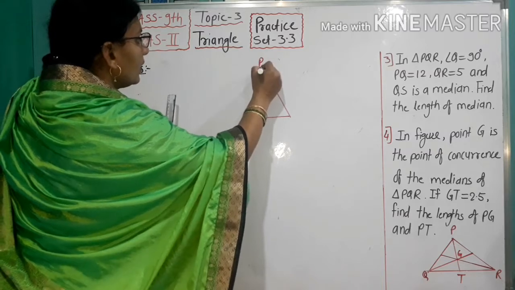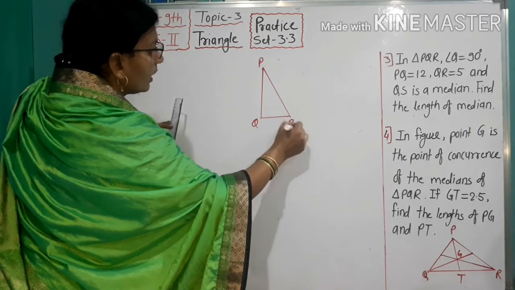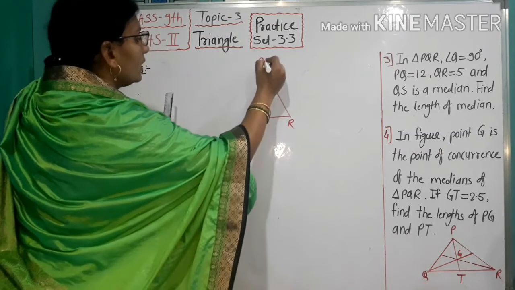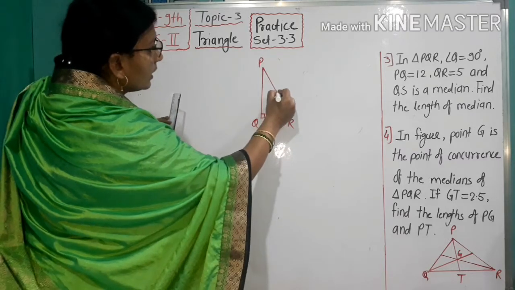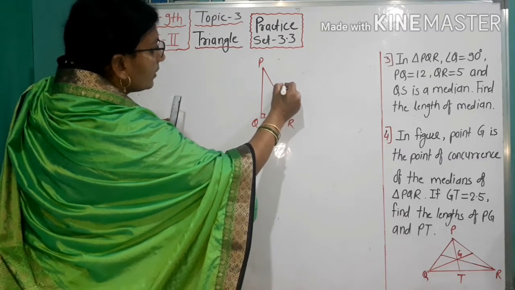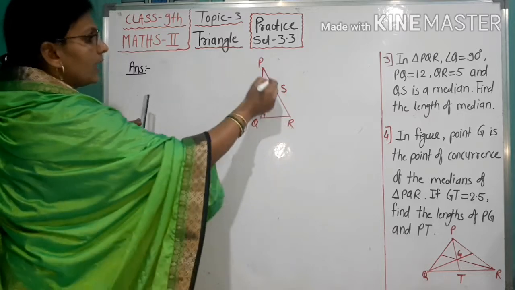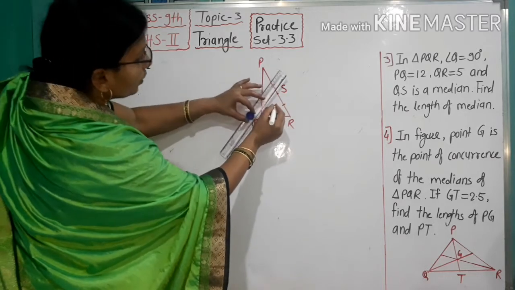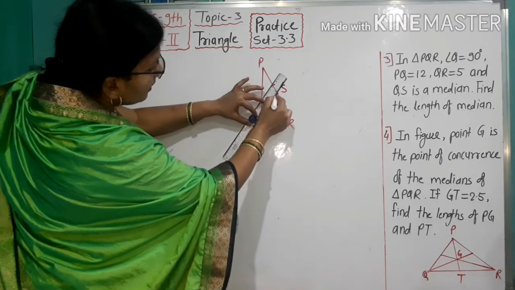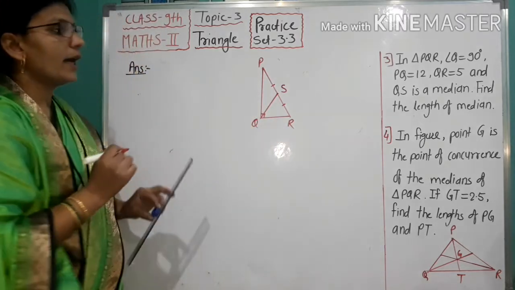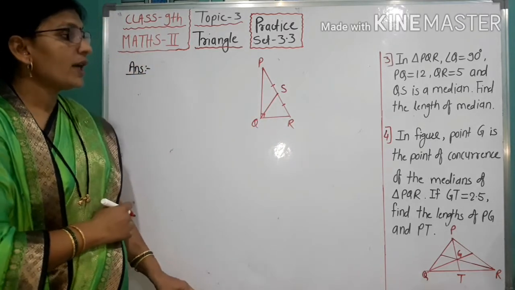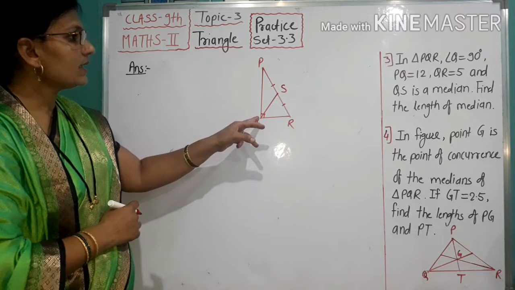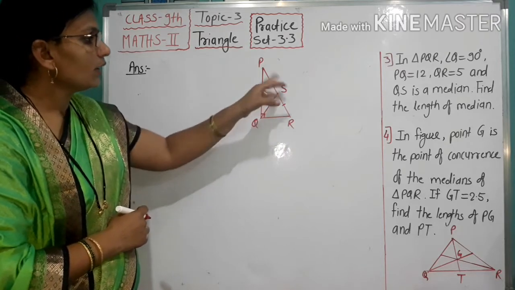Triangle PQR, this angle Q is 90 degrees. S is the midpoint of hypotenuse PR. So QS is a median on the hypotenuse, and we have to find the length of this median QS.